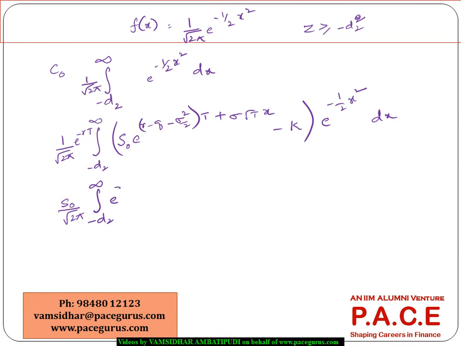So it becomes e power minus QT, and this is becoming minus sigma squared by 2 into T plus sigma root T times x. This is what it is.